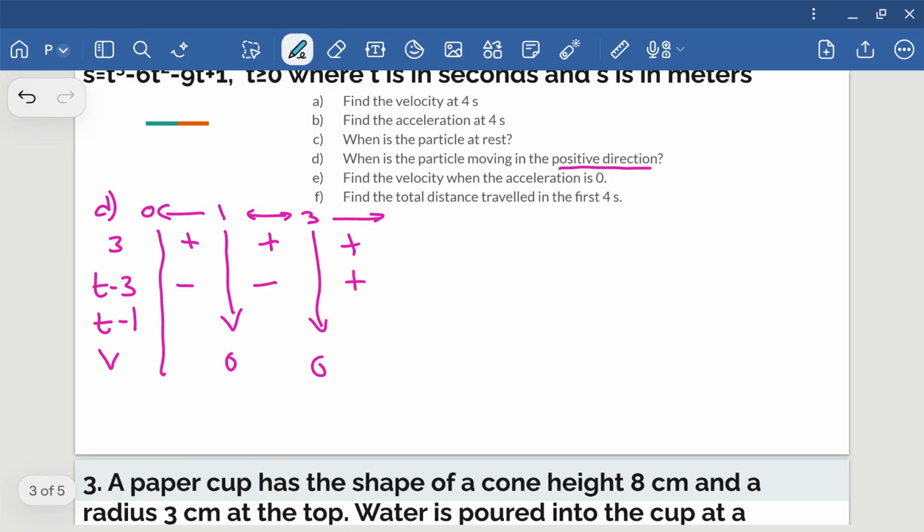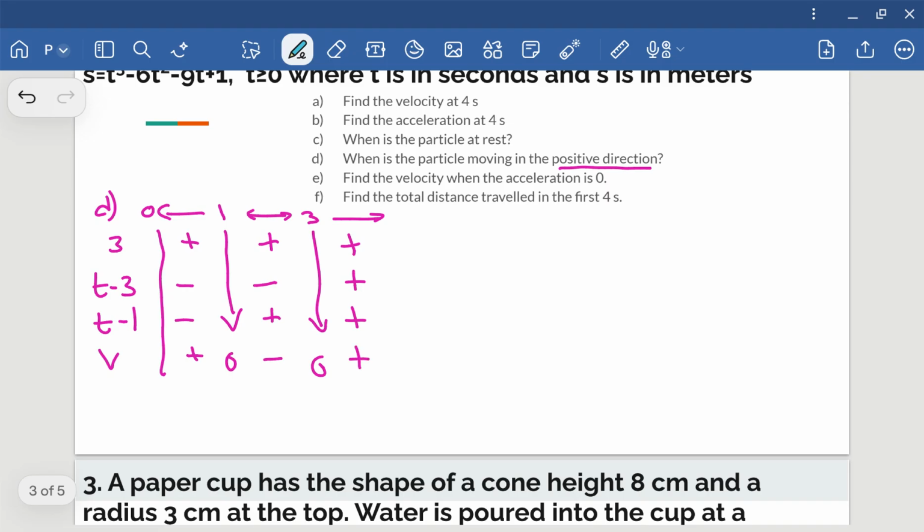Looking at the next factor, t minus 1, same idea. If we plug in something less than 1, it's going to be negative. If it's between 1 and 3, it's positive, and if it's bigger than 3, it's positive. So now we can think of multiplying. Positive, negative, and negative will end up being positive. In between 1 and 3, we have positive, negative, positive, that will be negative. And the last one, all positive, means we're positive.